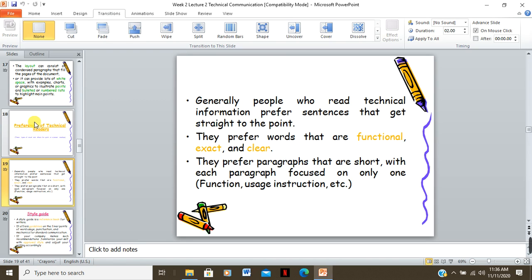So we have to divide our document, if it is written, into paragraphs, whereas in spoken communication we can use pauses. If we have talked about a particular concept, we pause and move to the next concept with a linkage between the previous and the next. In written communication, we do this through paragraphing.